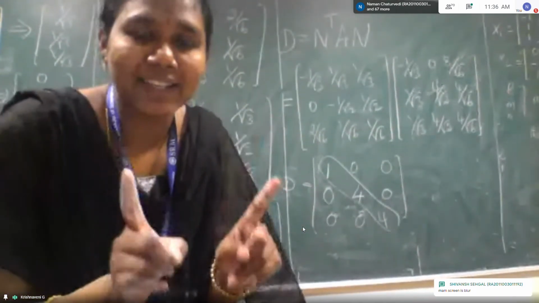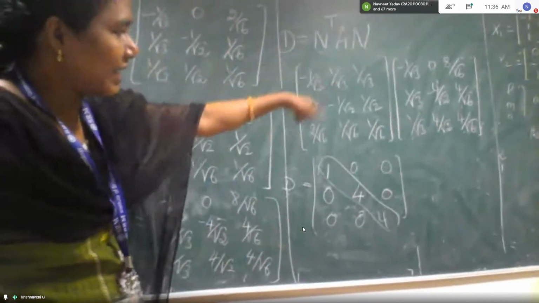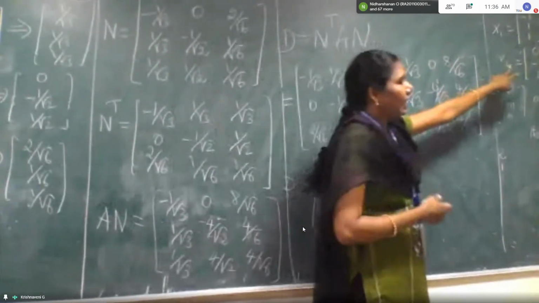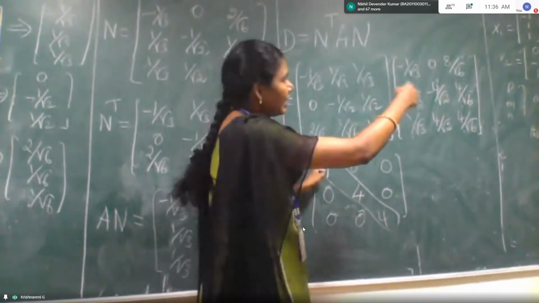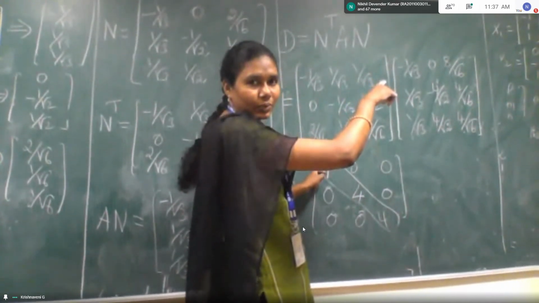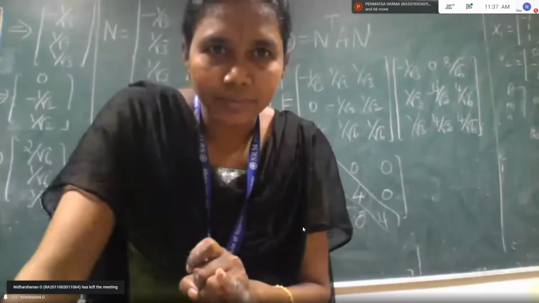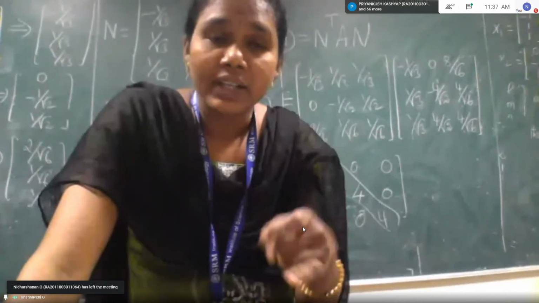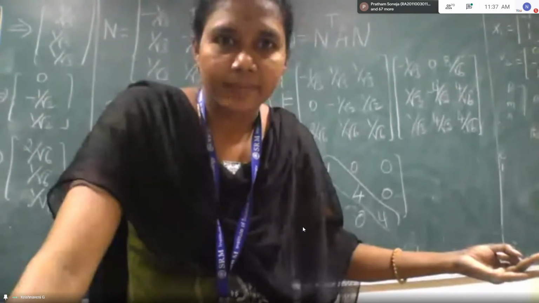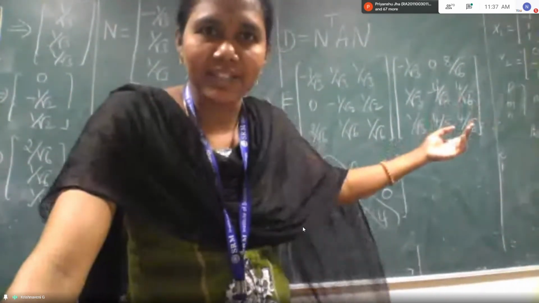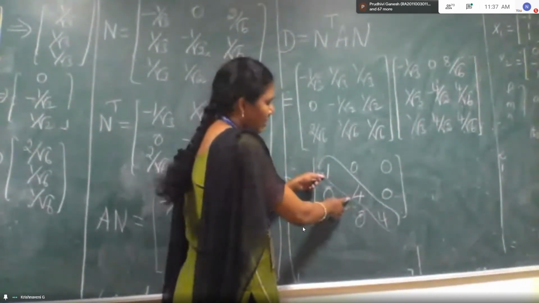See, listen here. In case you write it directly, the order will vary according to our eigenvector. In case we get x1, x2 different, here 4 will come instead of x1. If we take lambda equal to 4 instead of lambda equal to 1 as the first eigenvector, here 4 will come, here 1 will come.